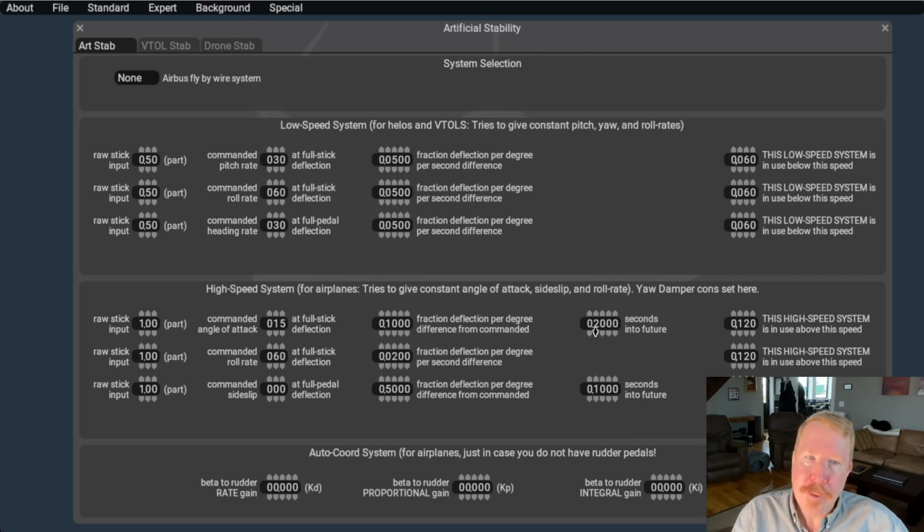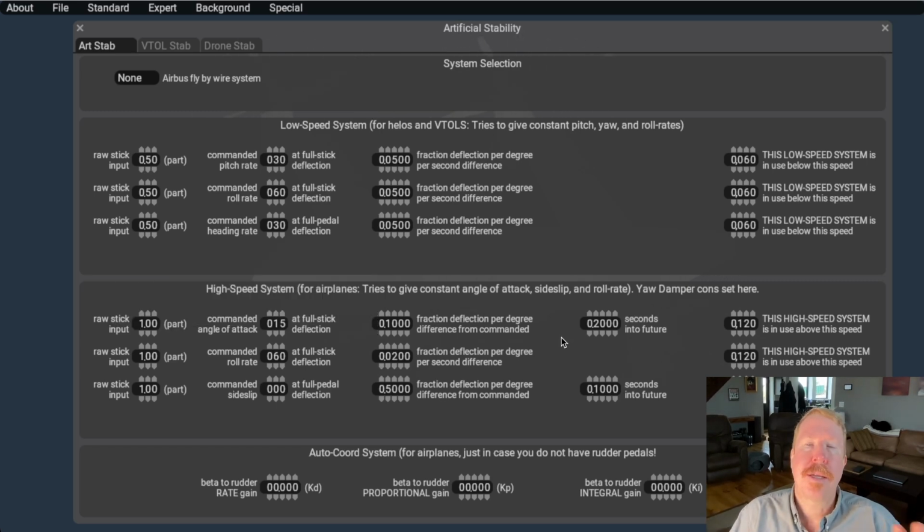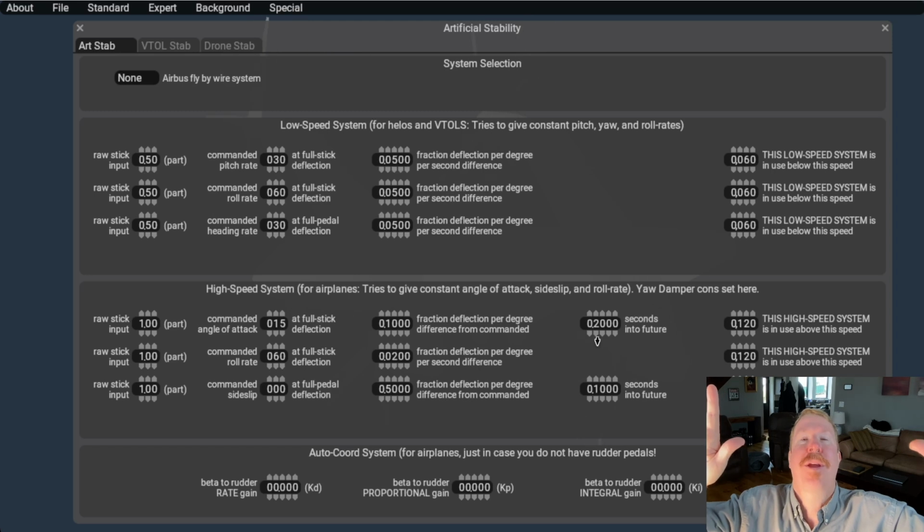So look, the flight control system for angle of attack looks 0.2 seconds into the future. So in other words, this thing is going to apply an elevator to give you 15 degrees angle of attack when the stick is all the way back, based not on what the angle of attack is now, but based on what the angle of attack will be in 0.2 seconds based on the pitch rate of the airplane.